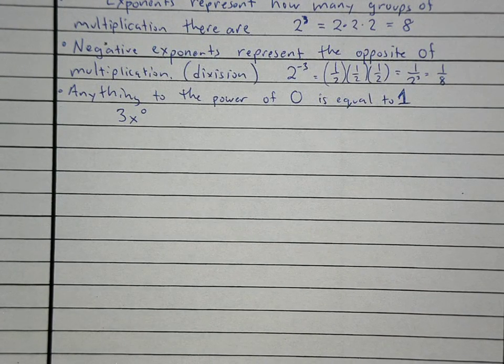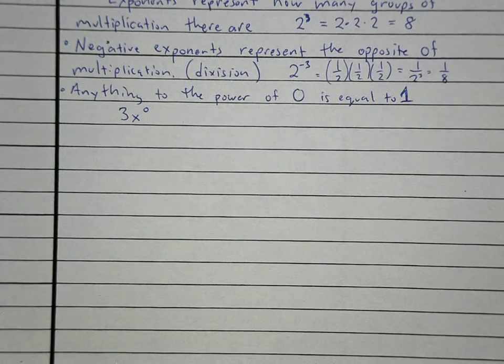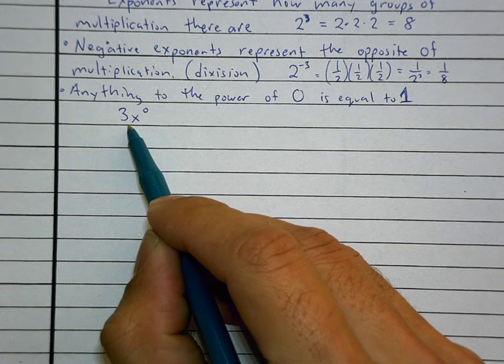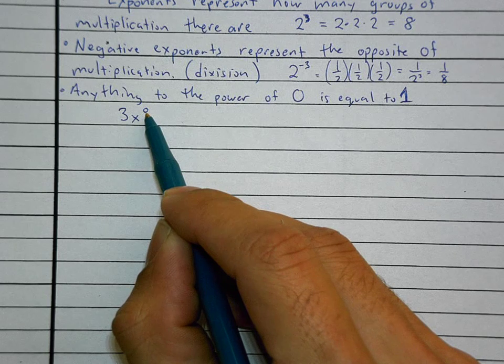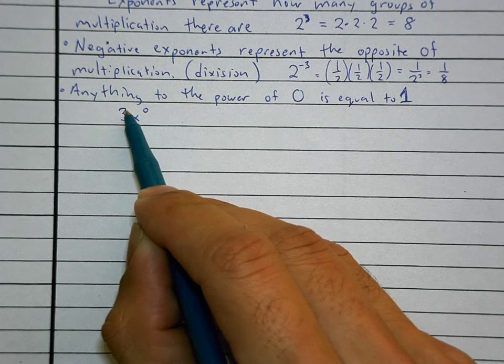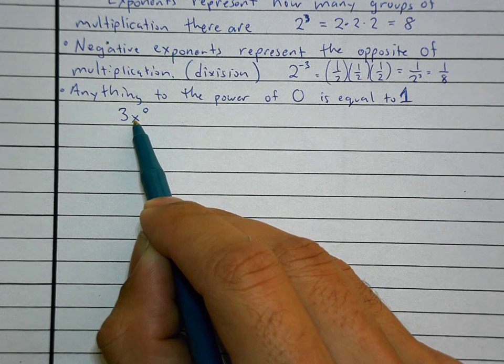And I wrote this example down because I want you to pay attention to the small things. The small things are where students make mistakes, okay? So when I look at this, the x is to the 0 power, but the 0 power does not go to that 3. That 0 only is for the x.